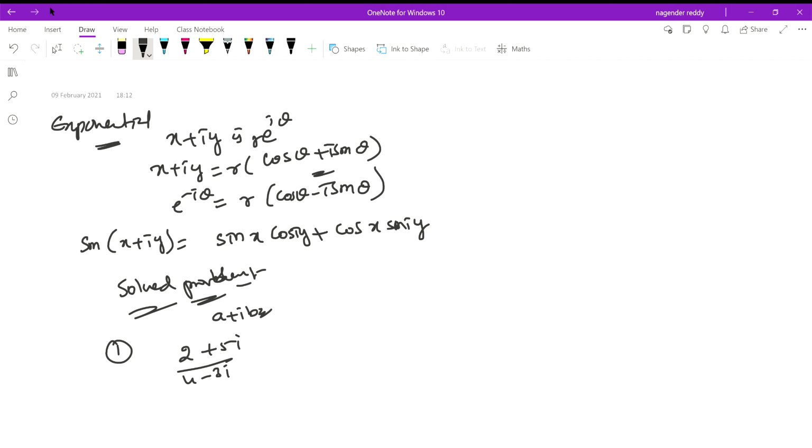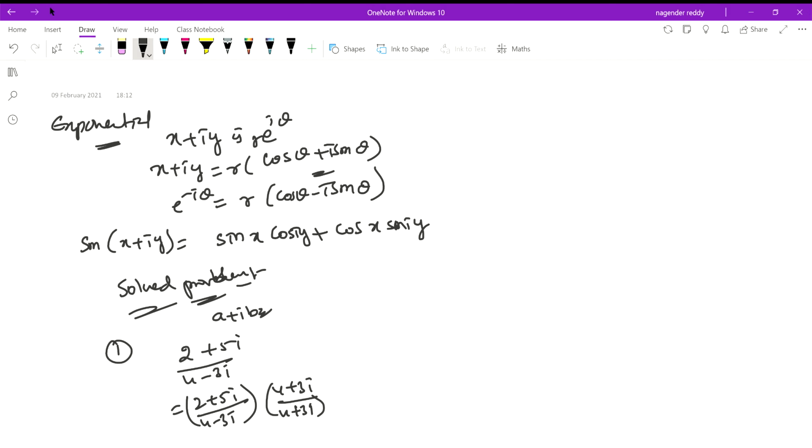We have to divide. Already we learned that if you want to divide a complex number by another complex number, we should go with the rationalization method. The conjugate of 4 minus 3i is 4 plus 3i. If you multiply this, it will automatically convert to the a plus ib form.